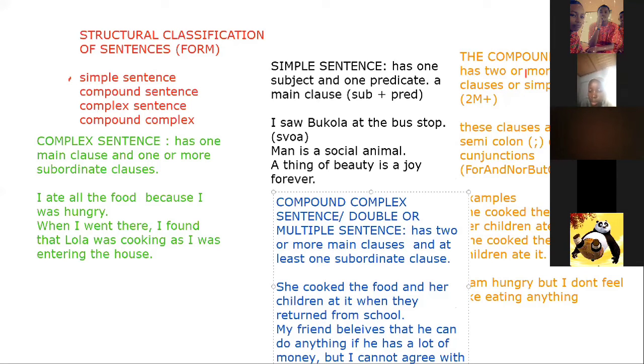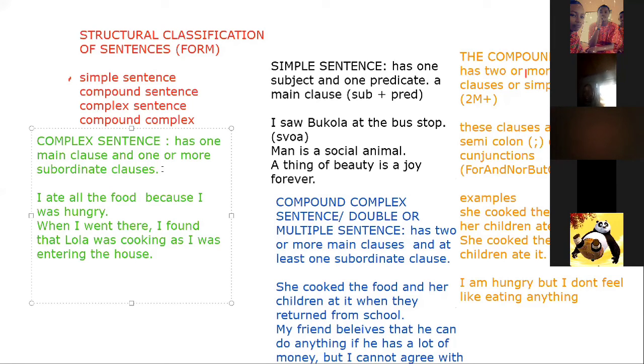For the complex sentence, I can actually give that one.